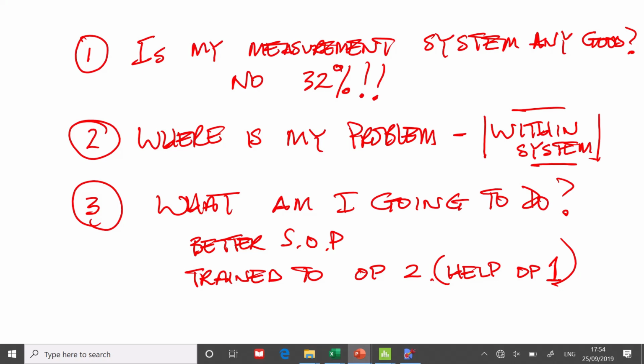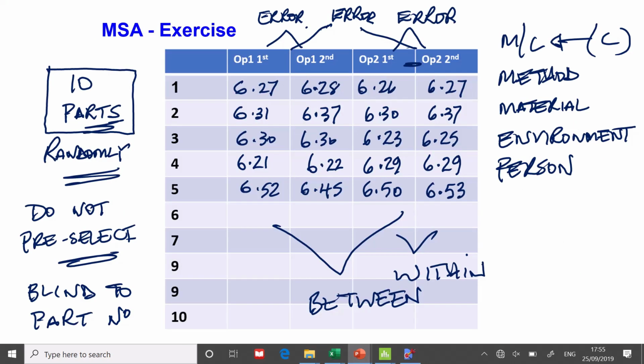So Minitab, it's a little bit more tricky. You've got to set the data up in a template. I would always collect the data using this table, because it's very easy to use your common sense and to look across the row and say, how did we do? Did we get consistency? Or have I got lots of within variability? Have I got lots of between variability?